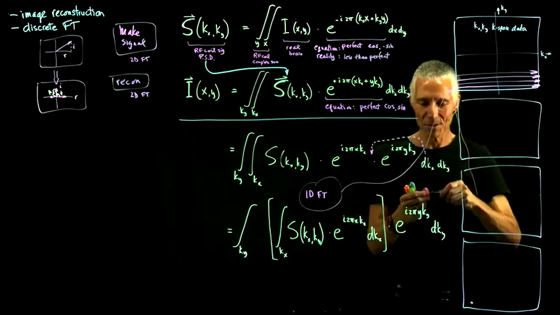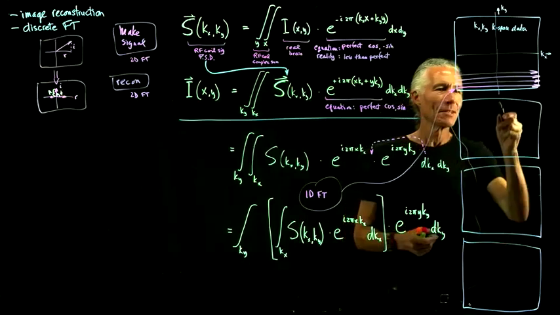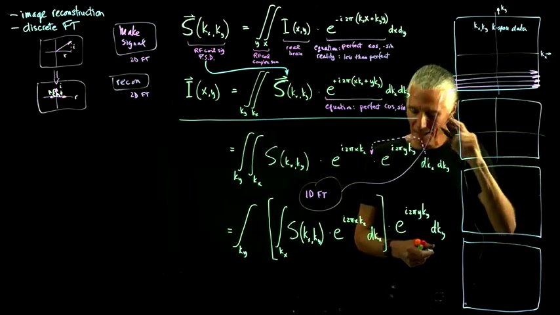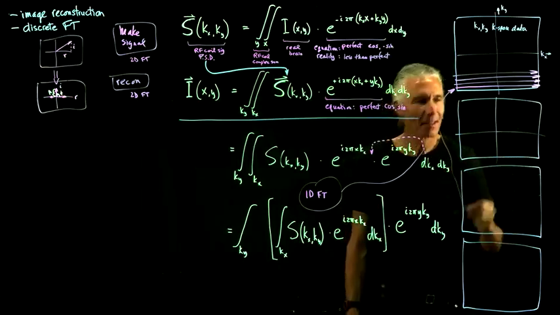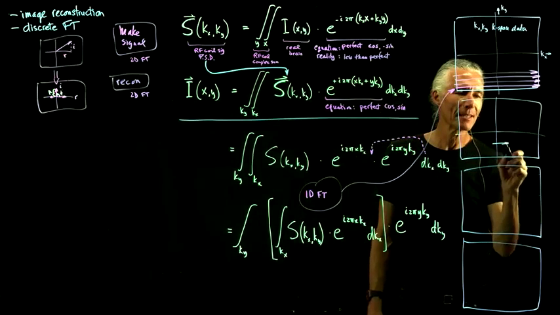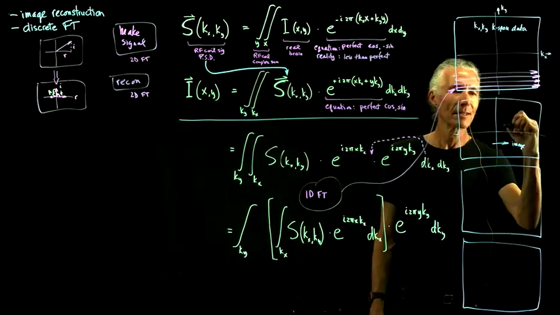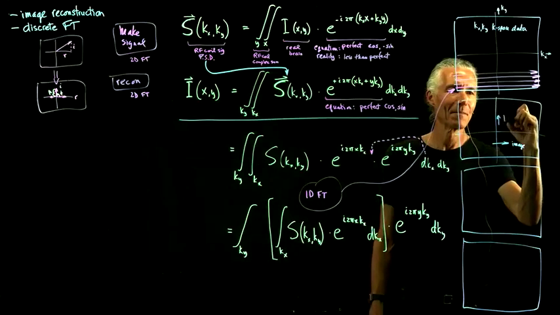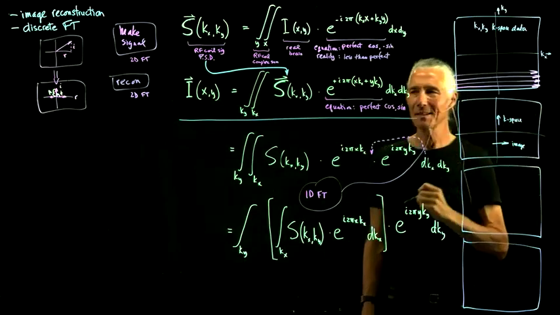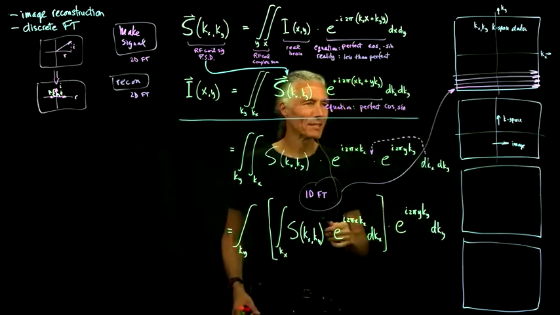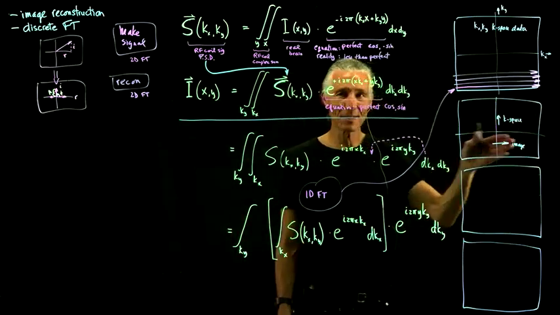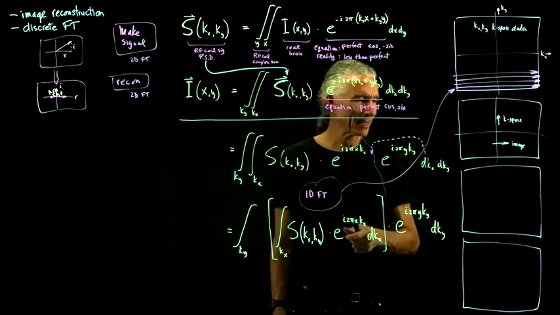And so what do you end up with? A strange beast: in this direction, it's an image, but in this direction, it's still k-space. That's kind of a little disturbing. It's still spatial frequency in this direction, but in this direction, it's actually an image.